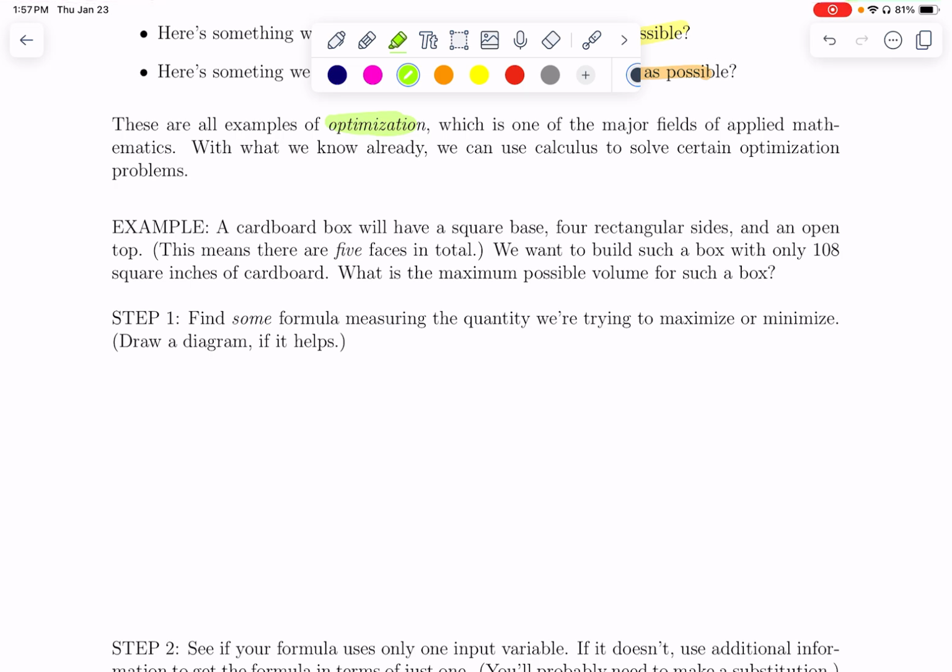A cardboard box will have a square base, four rectangular sides, and an open top. Right, so let me draw this. Probably a picture would be included if I were asking you to do this on a test or quiz. So this is 3D, so I'm going to attempt to give you a sense of the 3D picture. Let me fix this a little bit, just change the perspective.